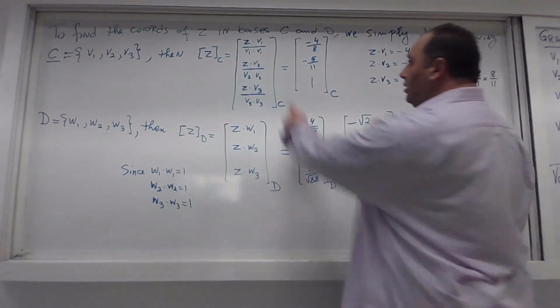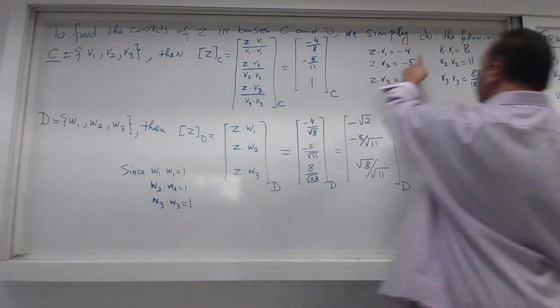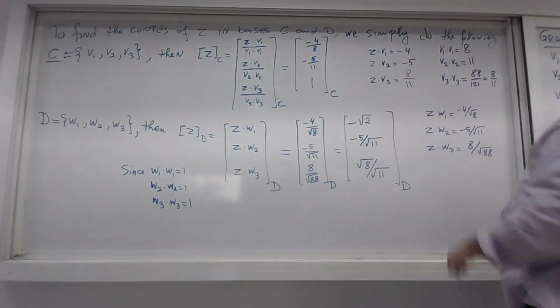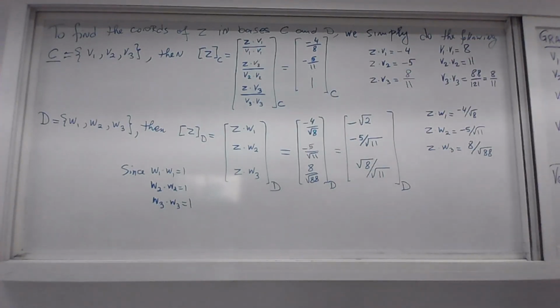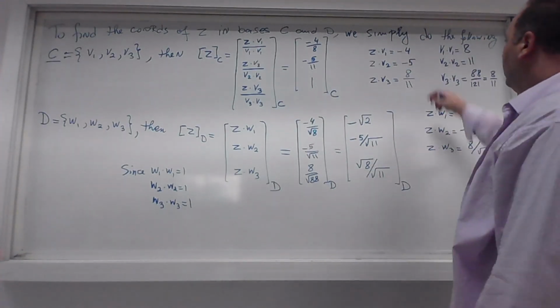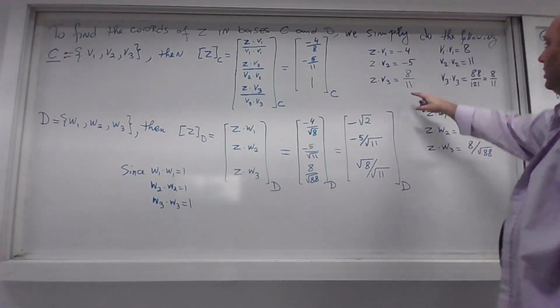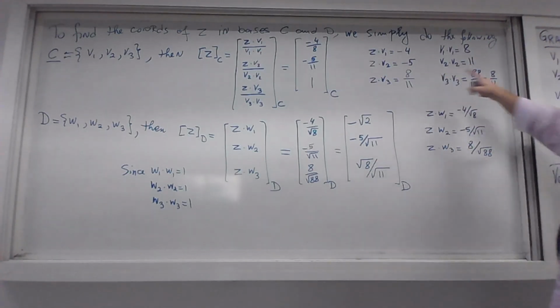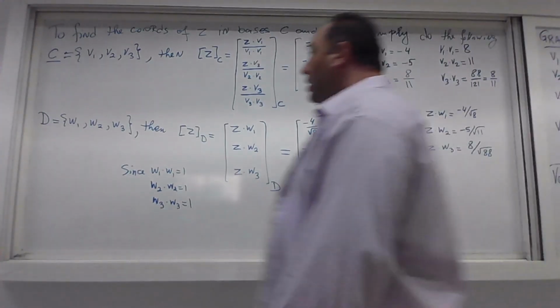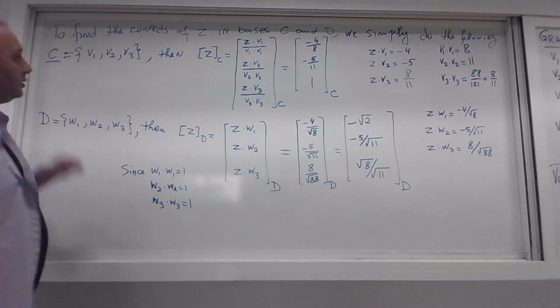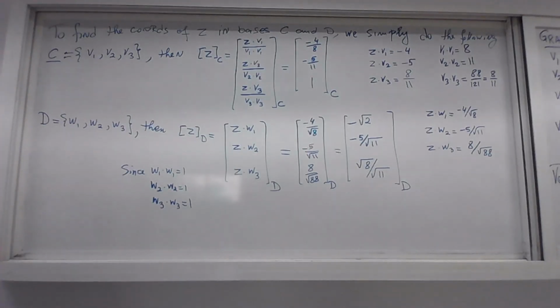The first one divided by the second, so -4 divided by 8, which you can simplify a little bit: -1 over 2 if you wish. Then the second one is -5 over 11. And the last one is 8 over 11 divided by 8 over 11, so that's 1. Obviously, if we make any errors, we need to correct them. So that's how you get the coordinates of a vector in an orthogonal basis.